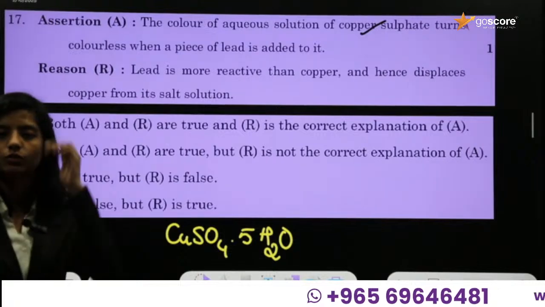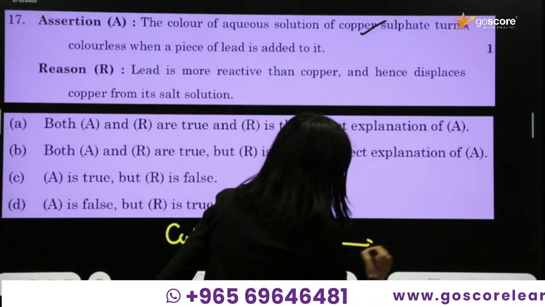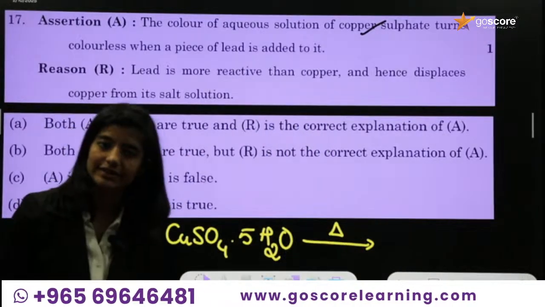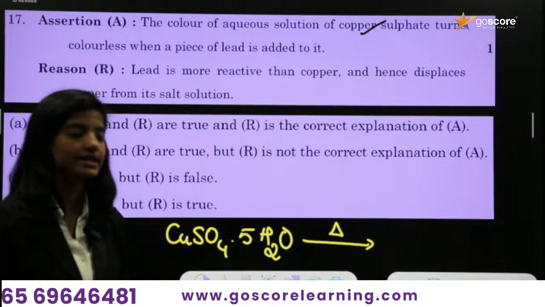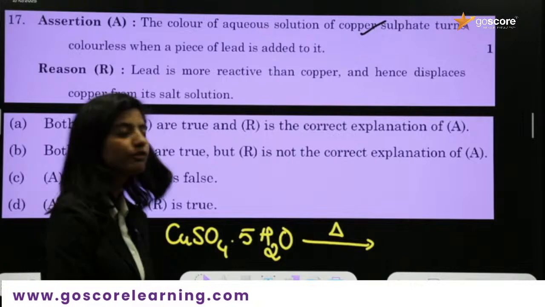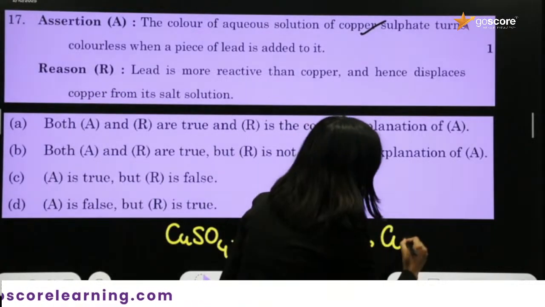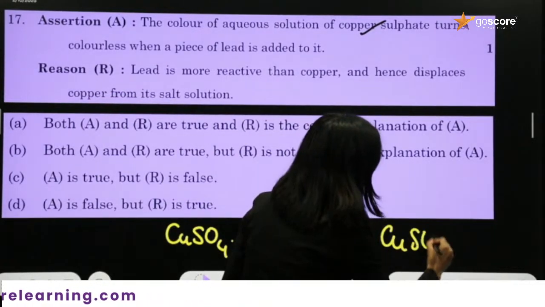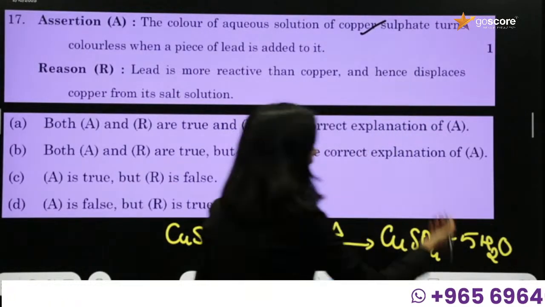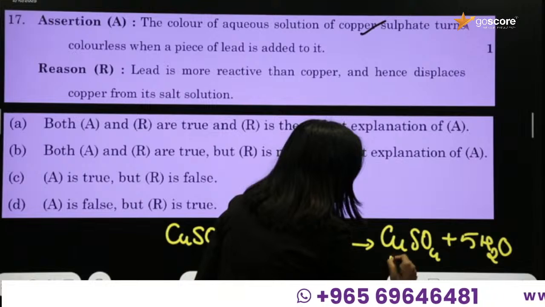Now, when we heat it, what happens? It has 5 waters of crystallization. On heating, all the water of crystallization will be removed from the copper sulfate, so we can write CuSO4 plus 5H2O. It becomes dehydrated and the copper sulfate now has a white color.